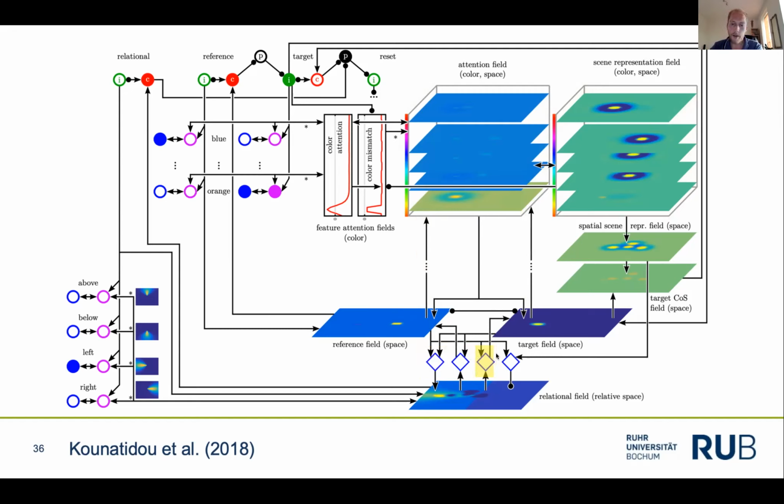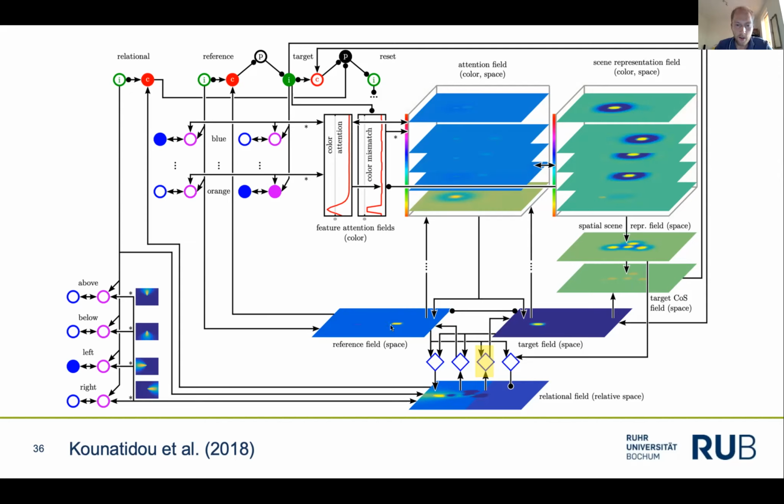Now this third coordinate transform also has the role of allowing the creation of new target objects. So it receives input from the reference field and the relational field, thereby projecting peaks in the relational field, which are in relative coordinates, back into absolute coordinates and projecting those in the target field.